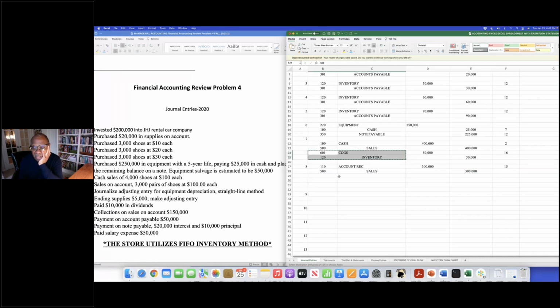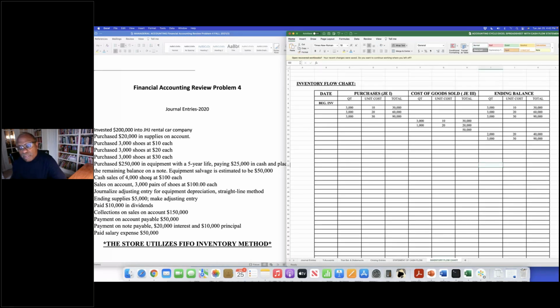And it's going to be a 16 once again. But what's the amount? We go back to our inventory flow chart, and it says we sold 3,000 pairs of shoes. So now we're going to sell all of these.